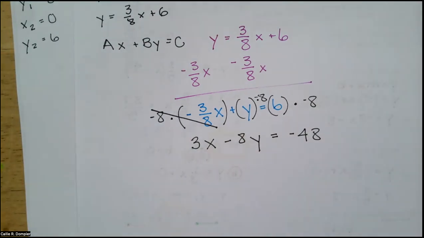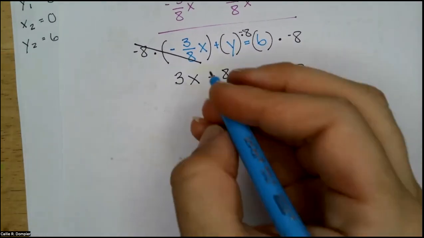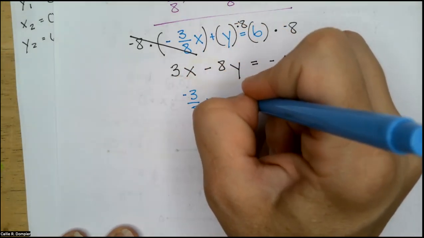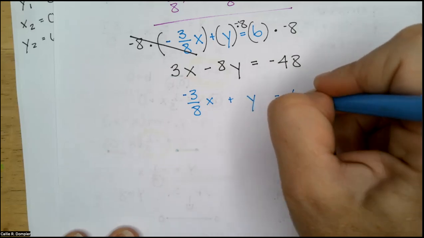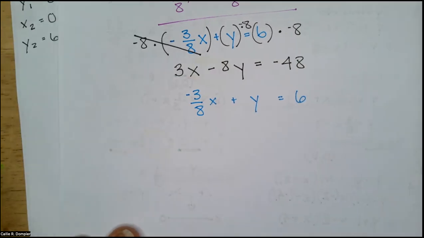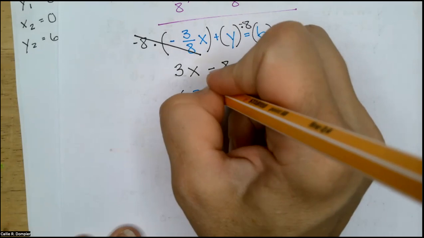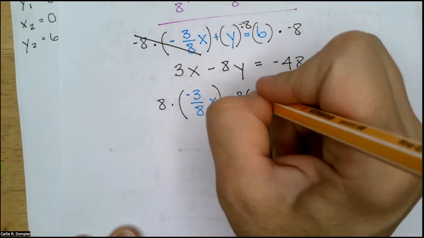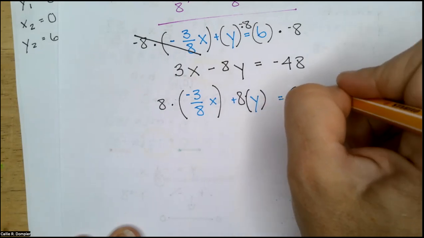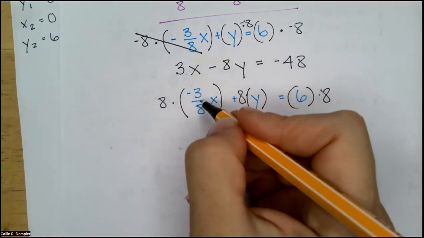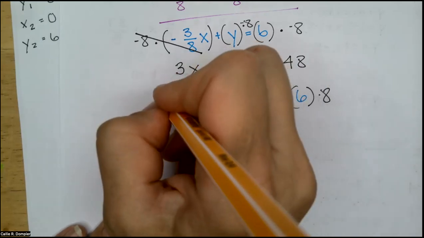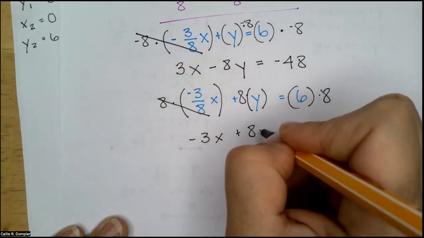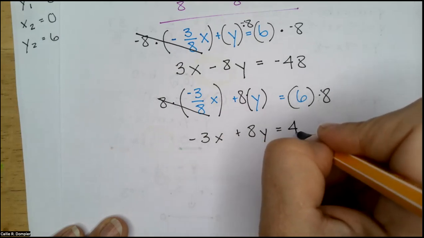Okay. Or you are also welcome to just multiply by 8, that's fine. Negative 3 is being multiplied by 8 and divided by 8. We get negative 3x plus 8y equals positive 48.